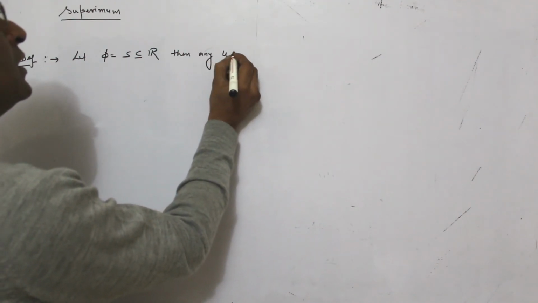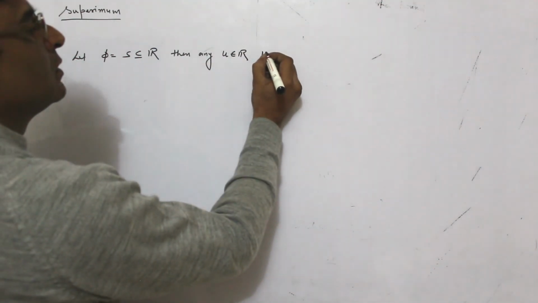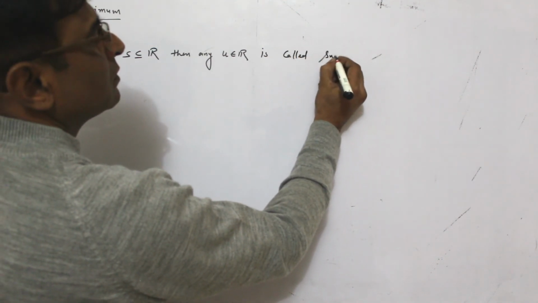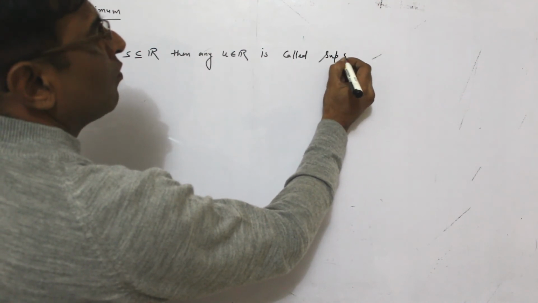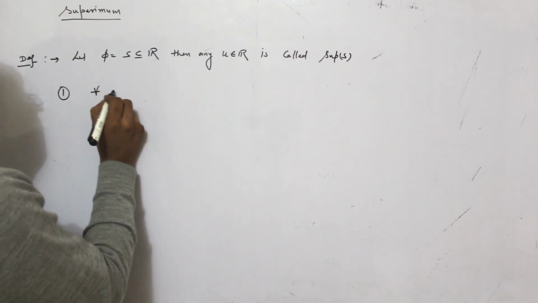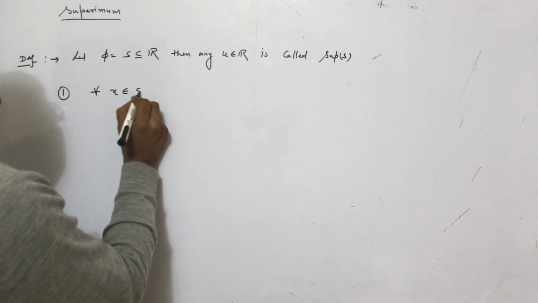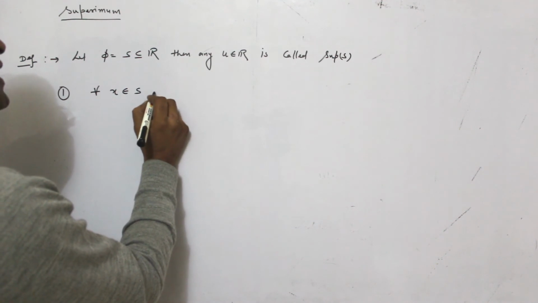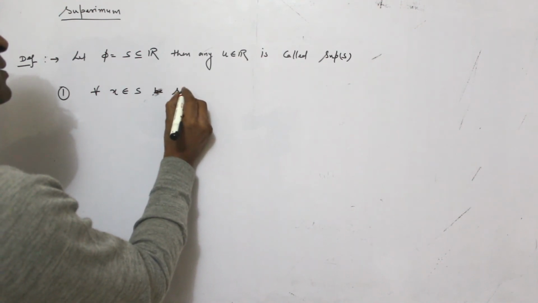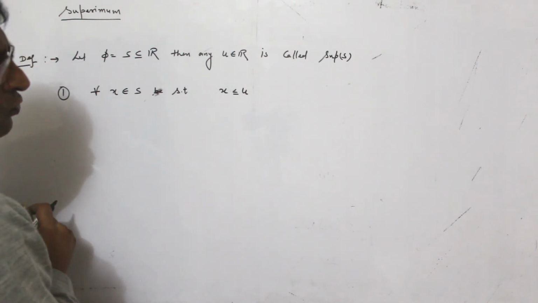Then any real number u belonging to R is called the supremum of S if, condition number one, for all x belonging to S, x is always less than or equal to u.